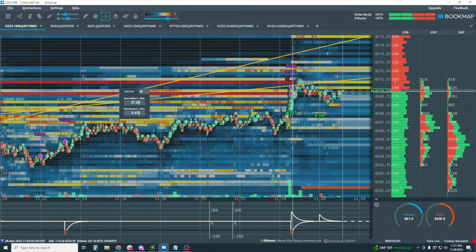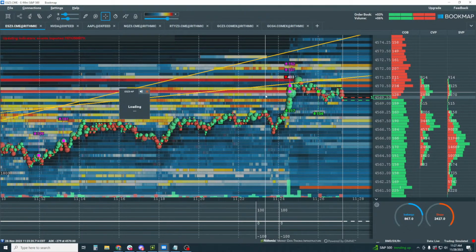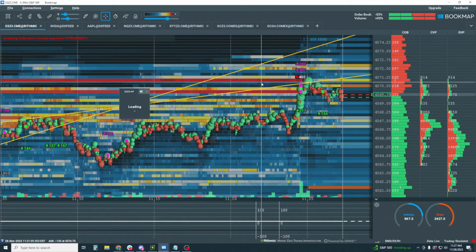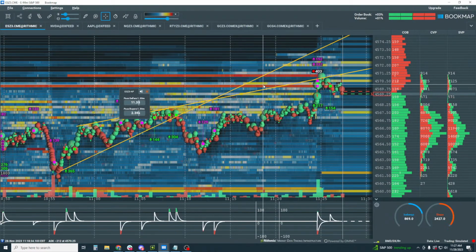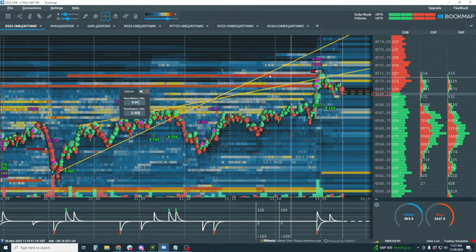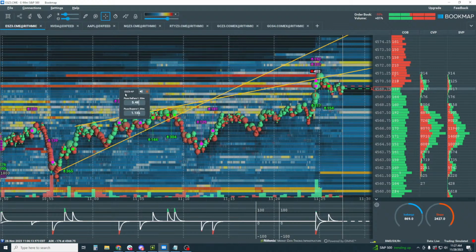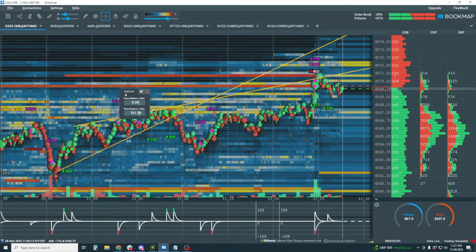That makes total sense, because there's high liquidity in there. So anyway, two different outputs here, absorption pressure and imbalance as well. We'll cover the sweeps on Friday.